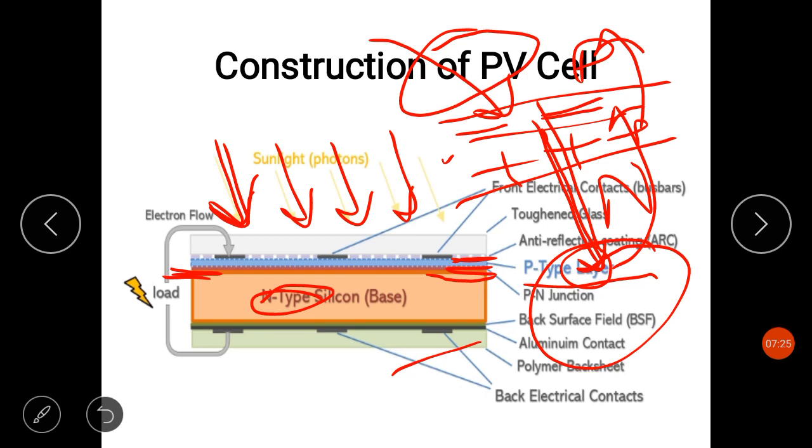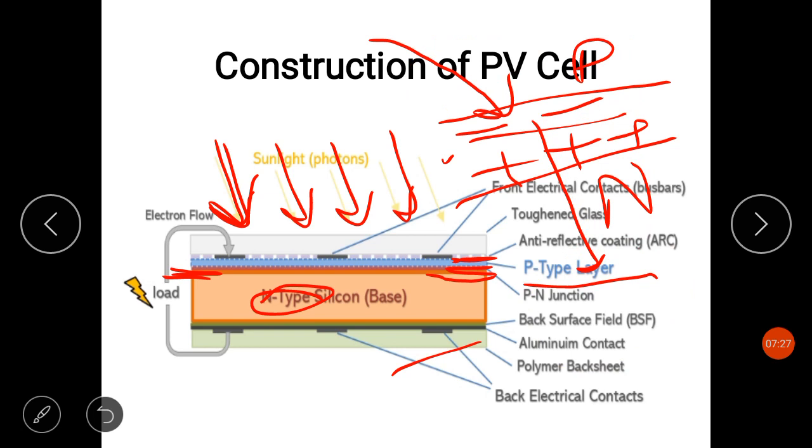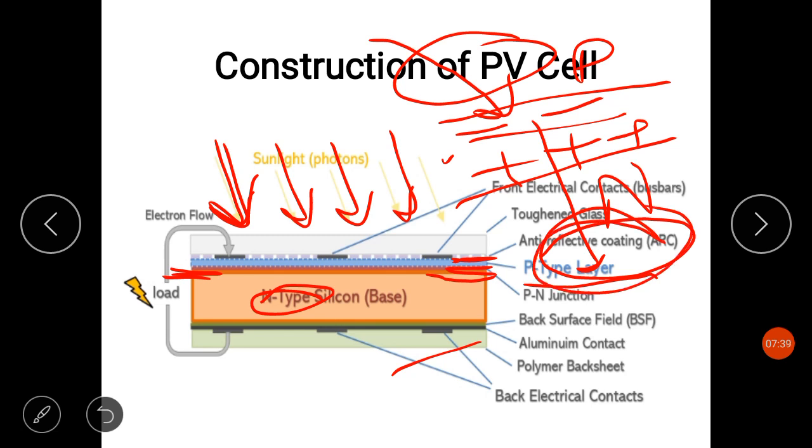So because of the extra electrons in the n type and extra holes in the p type. Why extra electrons and holes? Because these electrons and holes have been formed in the depletion region, and because of the potential barrier of the depletion region, electrons have come to the n side, holes have gone to the p side.